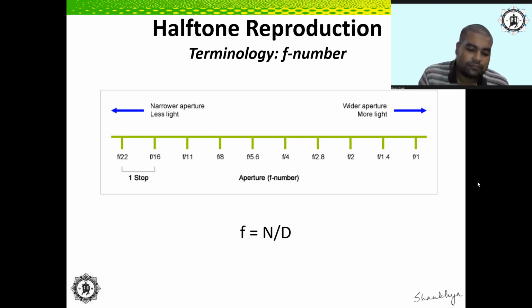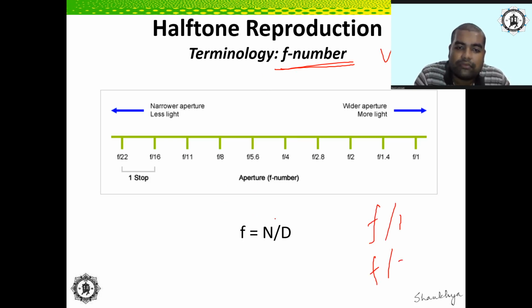All right, starting with the term known as F number. F number, very important term. F number is basically one term that we normally use in photography, but you will find an analogous term known as the V ratio. The convention of writing F number is like this: F1, F2, like this.